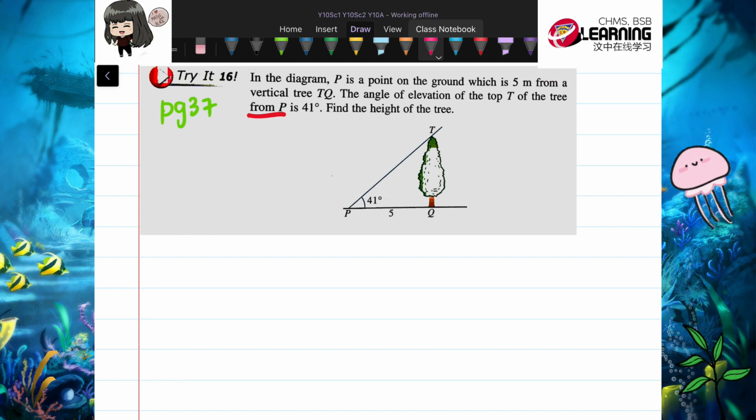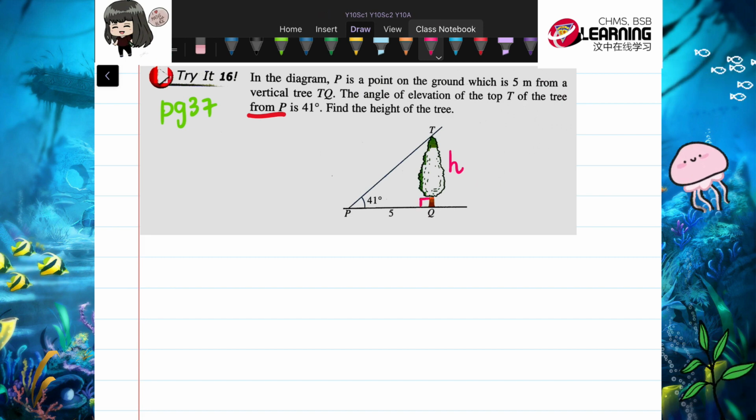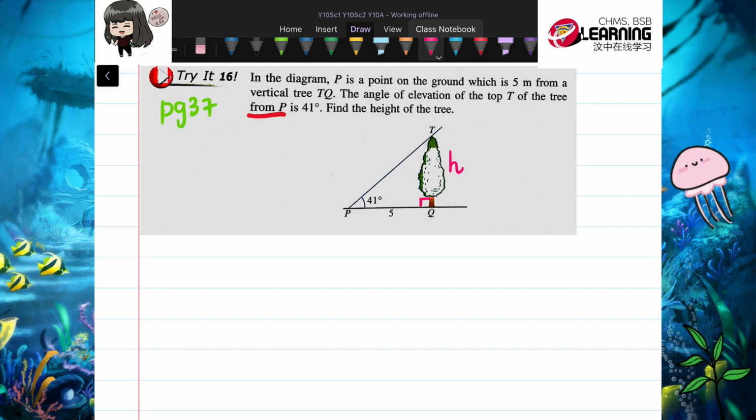So the height of the tree is here, so this one we put as H, and since it's the height of the tree, we know that this is 90 degrees. In this case we use SOHCAHTOA. We want to find height, so this one is your opposite, this one is your adjacent, so we use tan.